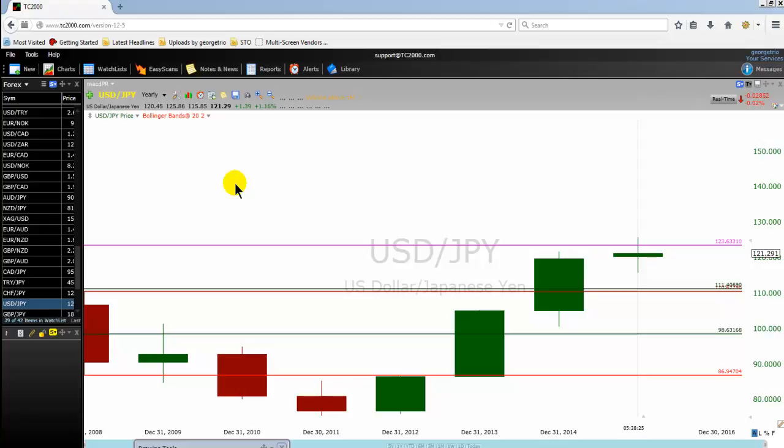We want the short-term and the medium-term trend to align with the long-term trend before we enter the trade. So if the long-term trend is bearish but the medium-term trend is bullish, we will prefer the medium-term trend to return to bearish, and also the short-term trend to return to bearish, before we start selling. You understand? Because we are aligning the medium and the short-term with the long-term trend.